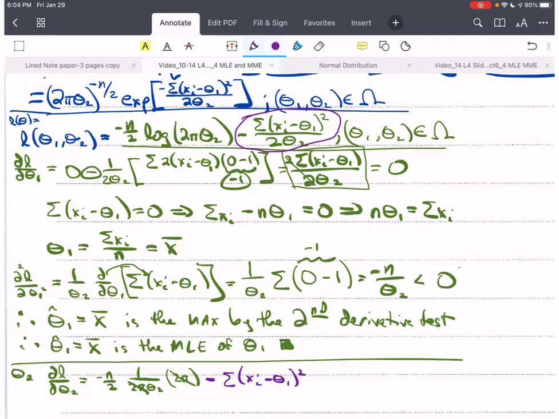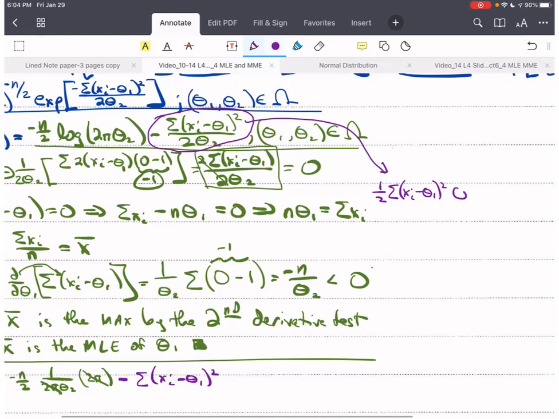And I have, so I can rewrite this as 1/2, and then I've got theta 2 to the negative 1, but I need to take the derivative of this. So that's what I need to do here. If I rewrite, let me be careful, if I rewrite this as 1/2 sum of xi minus theta 1 squared times theta 2 to the negative 1, okay?